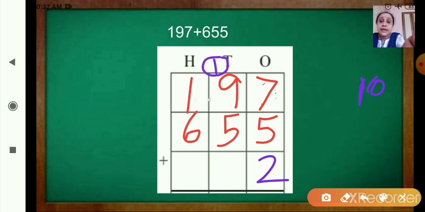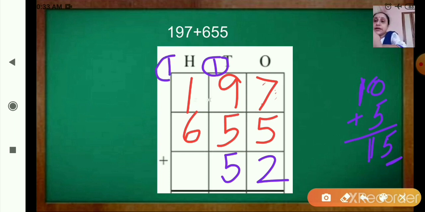Then 10 plus 5. Now add these two numbers. 10 plus 5 is 15. So which number will we write? We have to write only 5 here, and this 1 will be carried over to the hundreds place.